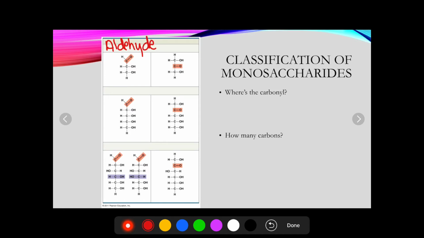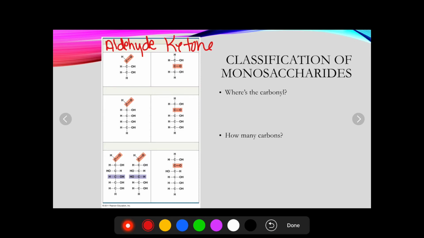If it's in the middle, that's going to be a ketone. You might see those words. I would never expect you to necessarily memorize that, but I simply want you to understand that that carbonyl group can shift within the molecule and make completely different isomers.